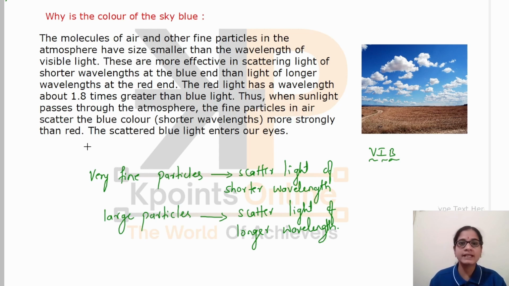This scattering of light is caused by the atmospheric particles. If there is no atmosphere, the sky would appear black in color. It is for this reason that astronauts see the sky as black, because there is no atmosphere there. And again, when you go to higher altitudes, the sky will appear black, because no prominent scattering takes place there.